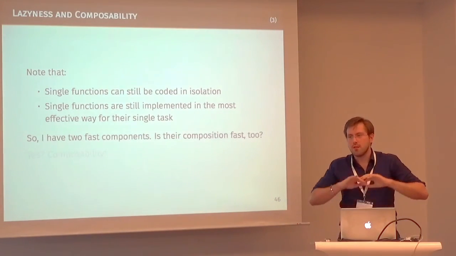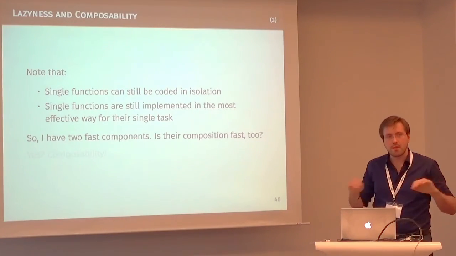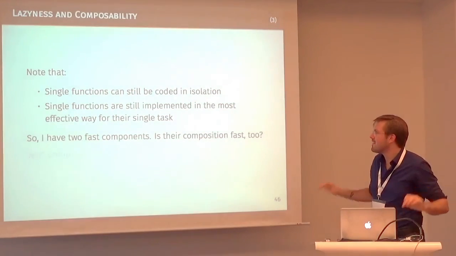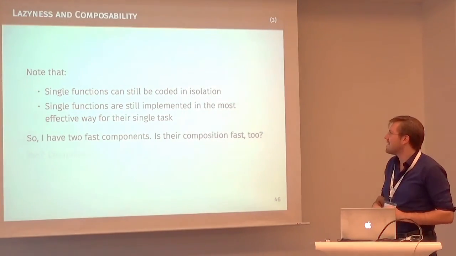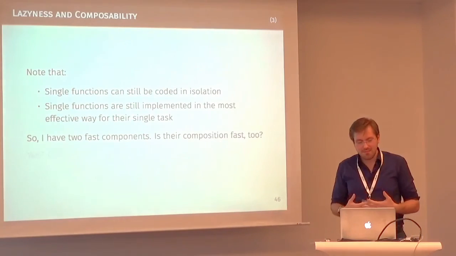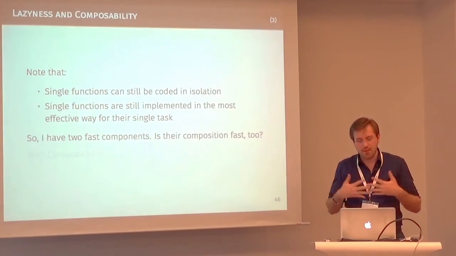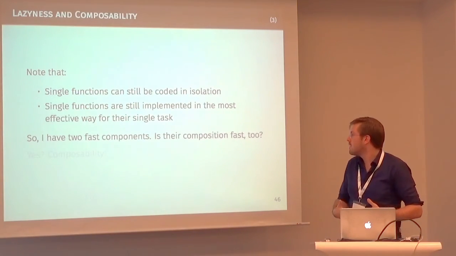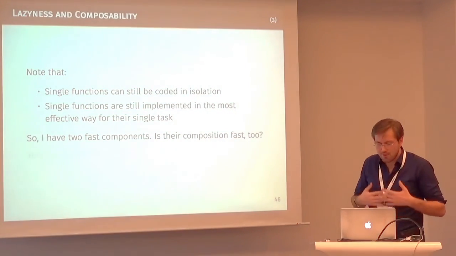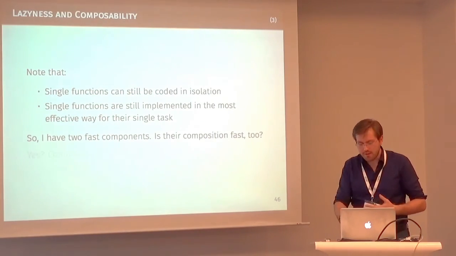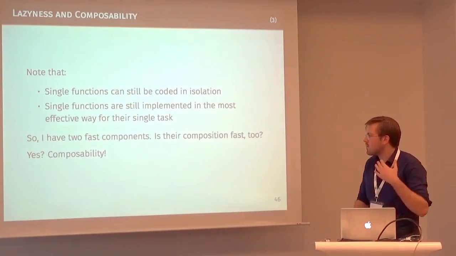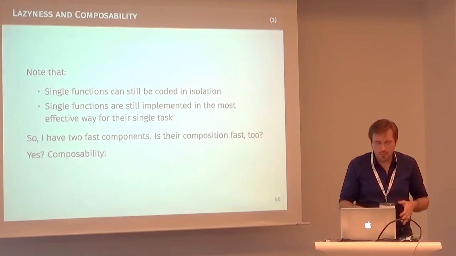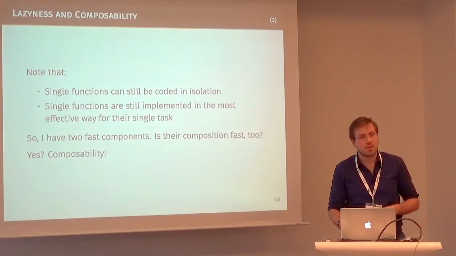You can still have two different people, two different teams writing the two functions, and you can compose them, and without modifying them, without changing anything, you get the composition right. Okay, so I have two fast components. Is their composition fast too? Yes. So we have composability. Okay, and this is thanks to the laziness of the ranges.